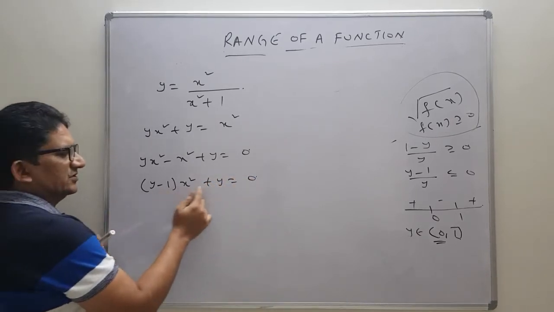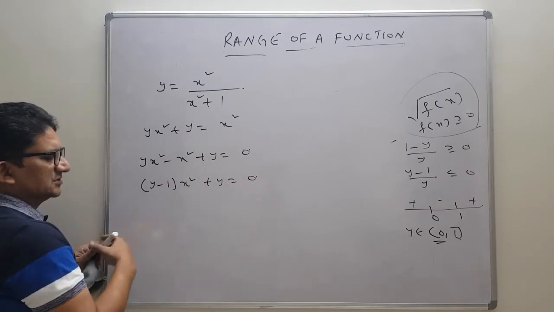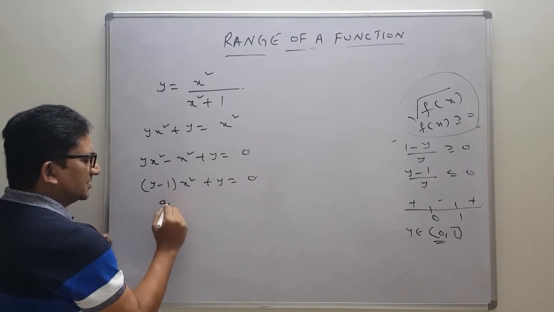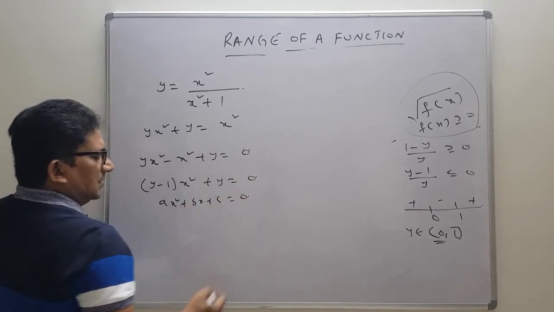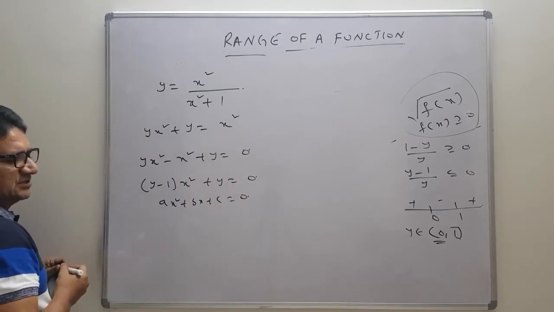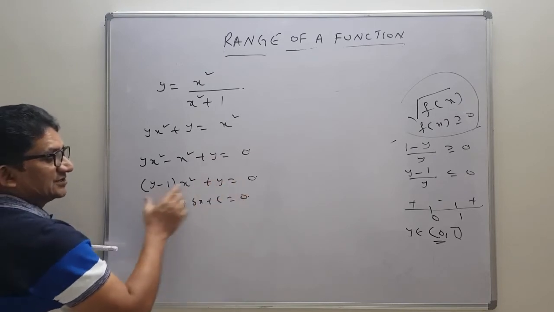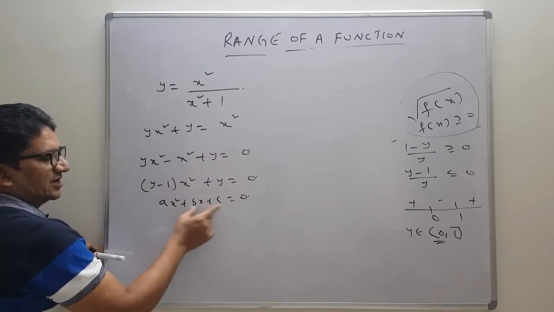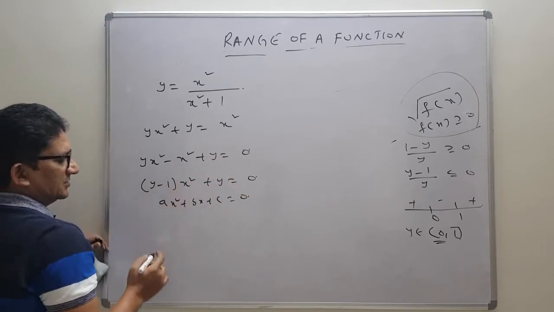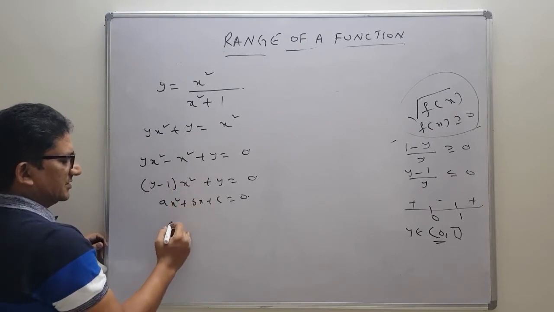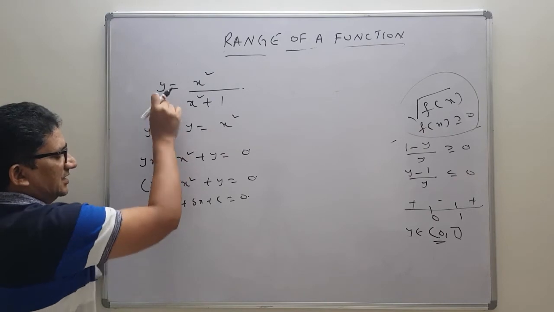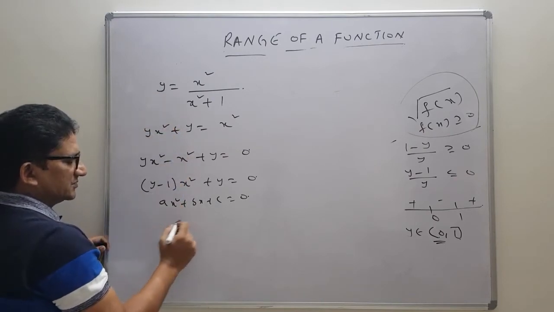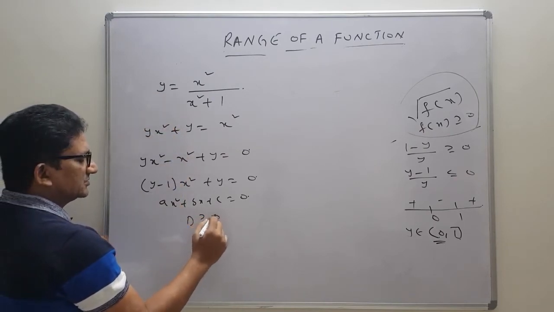So these things we are getting. Y minus 1 into x square plus y equals 0 means we can compare this one as a quadratic, ax square plus bx plus c equals 0. A quadratic equation we are getting here. So we will try to find its discriminant. Because it is a quadratic and it is defined for real values, discriminant should be greater than or equal to 0.